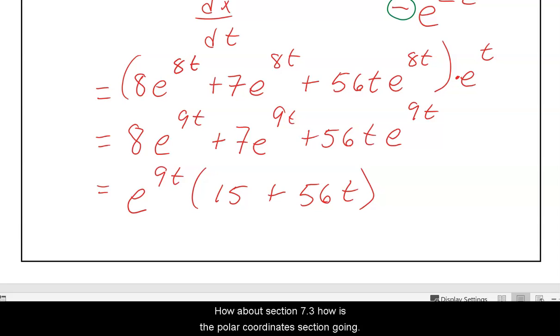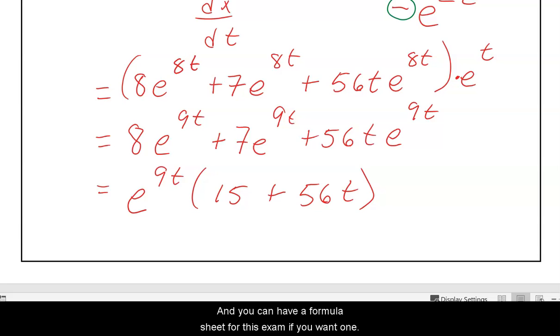How about section 7.3? How is the polar coordinate section going?